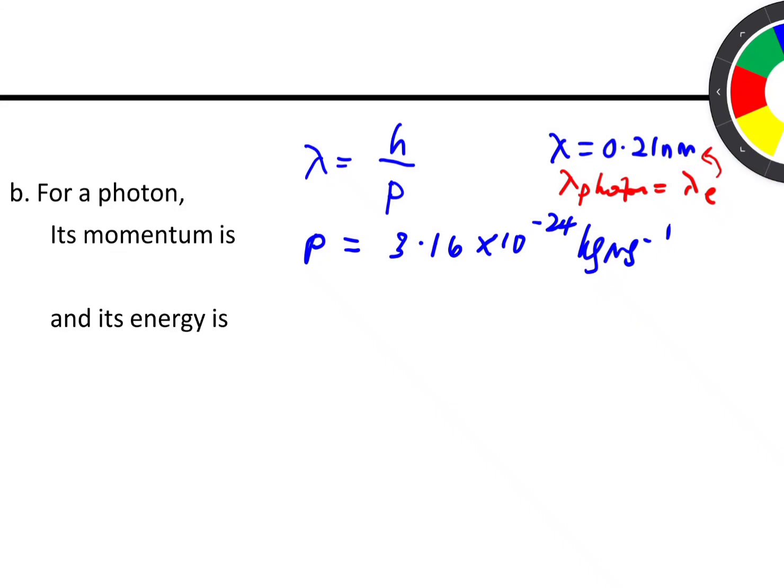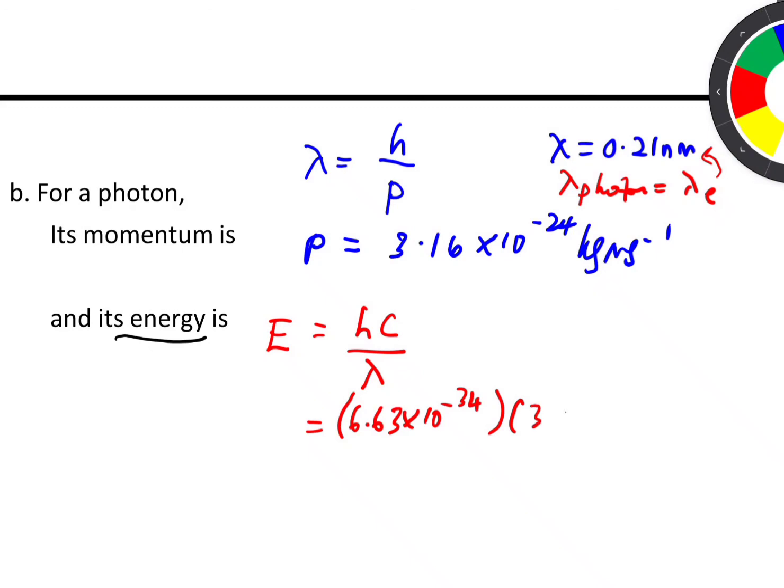And then, diminta energy of the photon. Energy of the photon E is equal to Hc over lambda. Okay, so H berapa? 6.63 power of negative 34. C, speed of light, 3 power of 8.